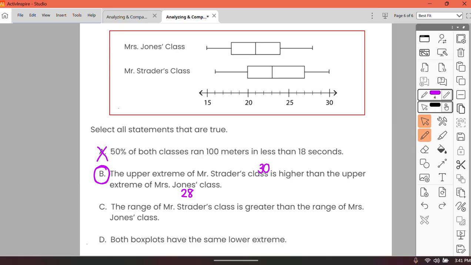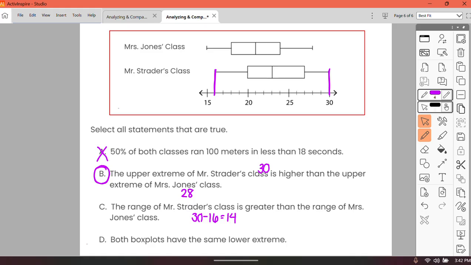C says the range of Mr. Strader's class is greater than the range of Mrs. Jones's class. Well, let's figure that out. So Strader is at 30 and 16. So I'm going to write 30 minus 16, which is 14.